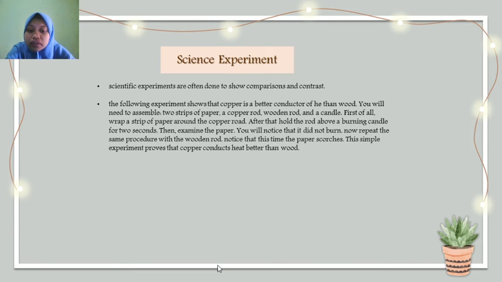After that, hold the rod above a burning candle for 2 seconds. Then examine the paper. You will notice that it did not burn. Now repeat the same procedure with the wooden rod. Notice that this time the paper scorches. This simple experiment proves that copper conducts heat better than wood.